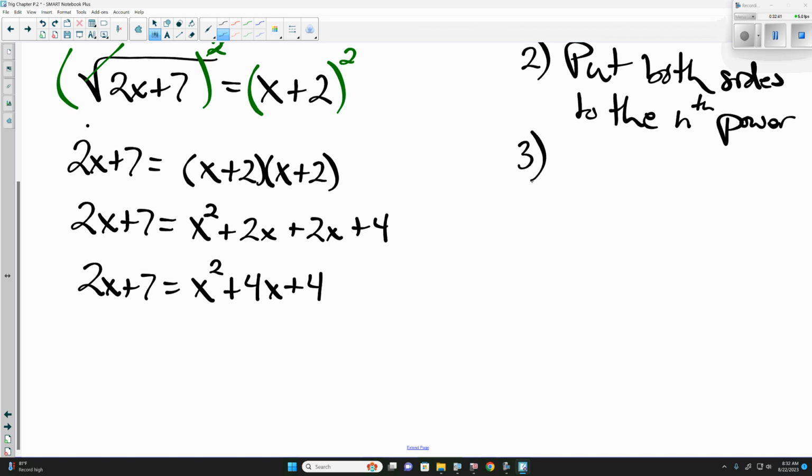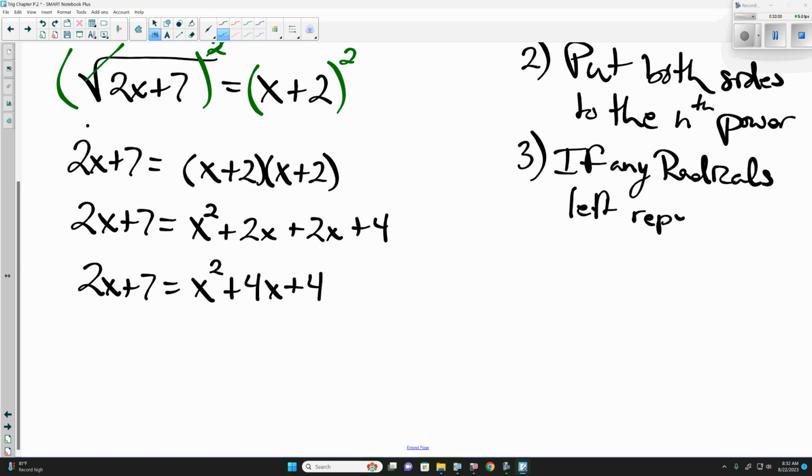Step number 3 is not solve. That's step 4. Step 3 is, if any radicals left, repeat steps 1 and 2.